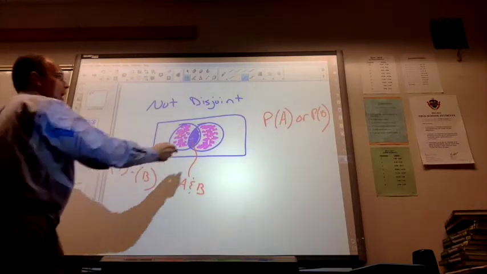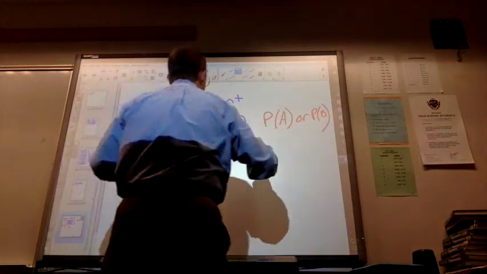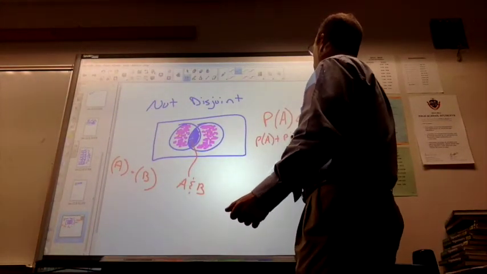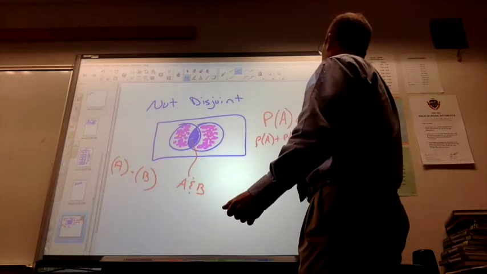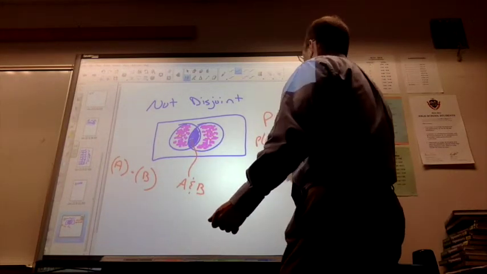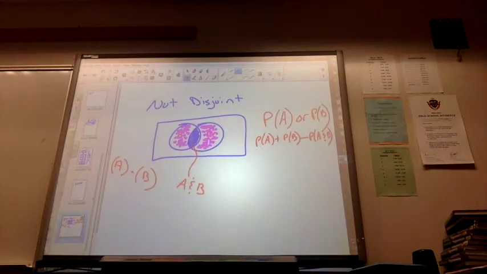I'm not including the overlapped region, right? So this is going to be the probability of A plus the probability of B minus the probability of A and B. And in order to get the probability of A and B, what do I have to do? I have to multiply the two events together. Okay? So that's the first thing we're going to touch upon.